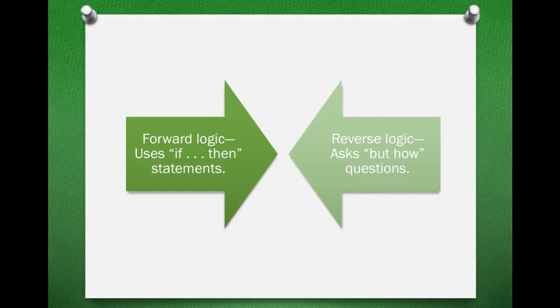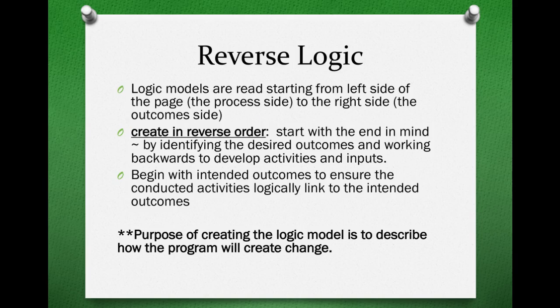Even though logic models are often thought of as if-then statements, there's also a way to look at logic models in reverse. Reverse logic models start from the far right-hand side and ask the question, but how? If we want to get an impact or a goal statement, we need to ask ourselves, but how are we going to get there?